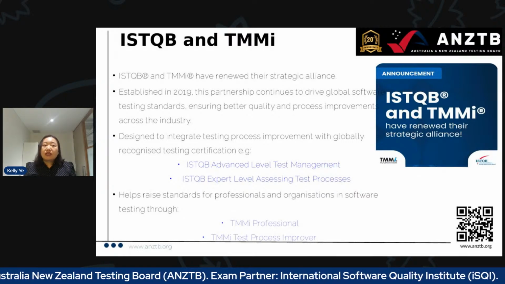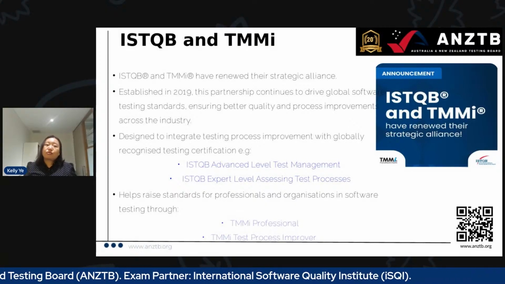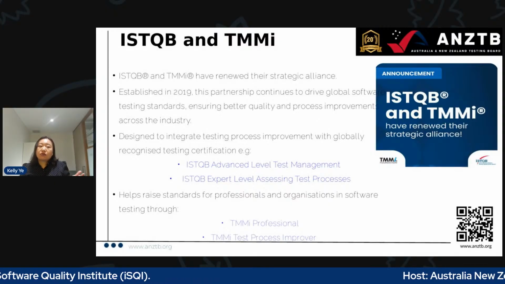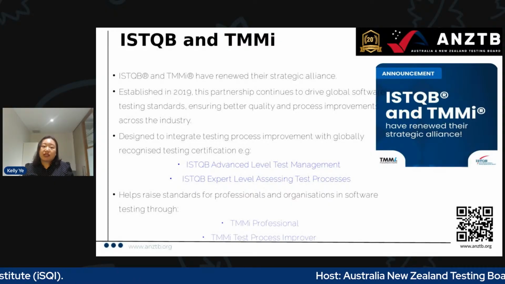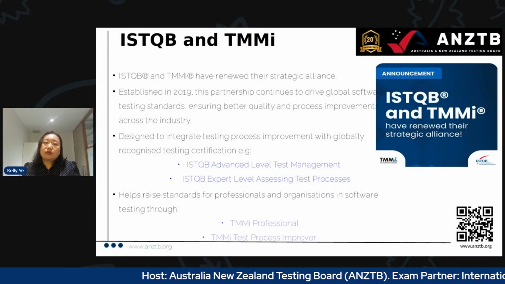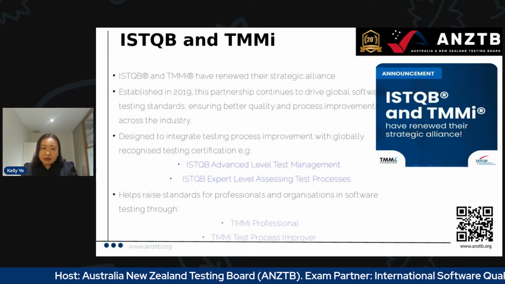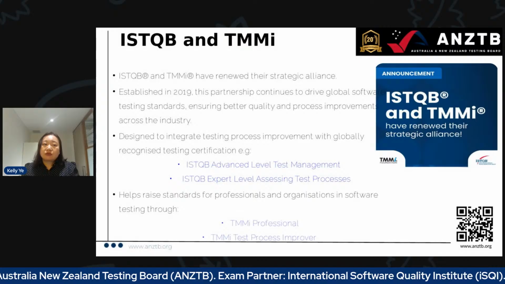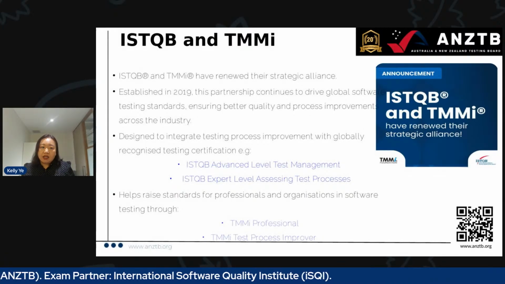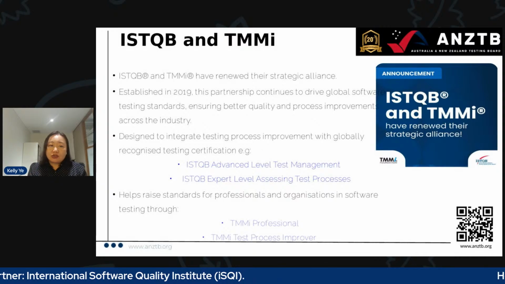The renewed agreement reflects strong collaboration between 2 leading organizations in the test profession. ISTQB is the global leader in individual testing certifications, and TMMi is the global test process improvement framework that helps organizations improve their test process and maturity. So both tend to align with each other.